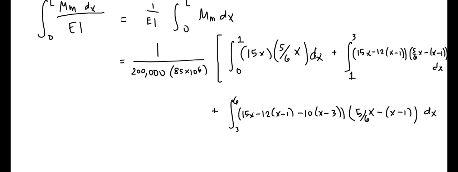And since this integral has a unit of kilonewton meter cubed, to convert this into newton millimeters cubed, we multiply this by a factor of 10 raised to the power of 12.